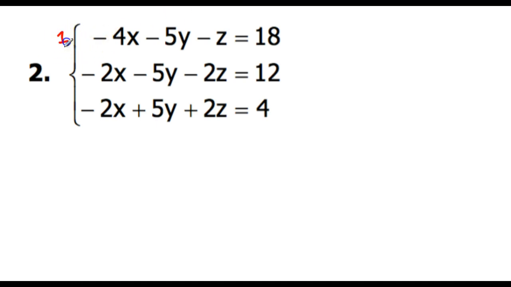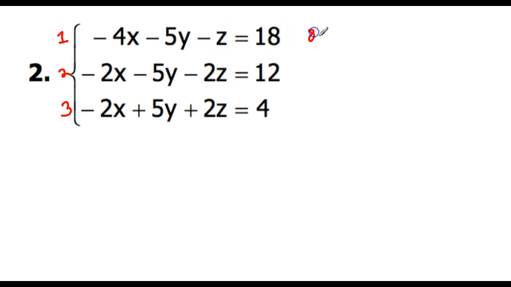So here's equation 1, equation 2, and equation 3. I'm going to put equation 1 and 2 together first. And if I want to eliminate the z's, that means I'm going to multiply the top one by -2.